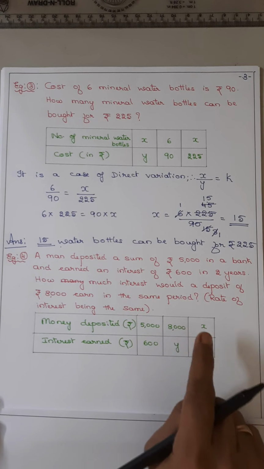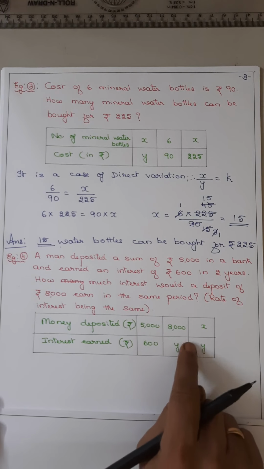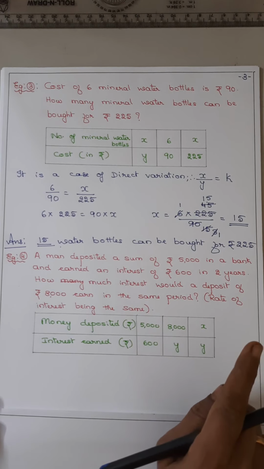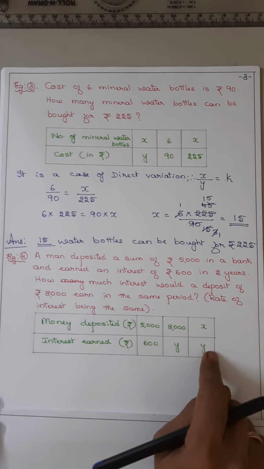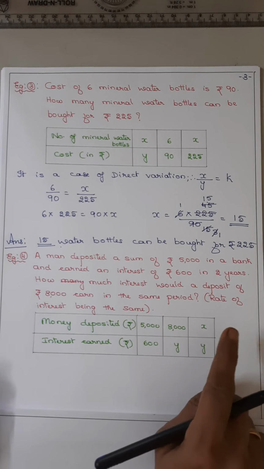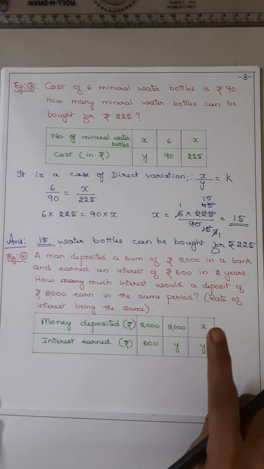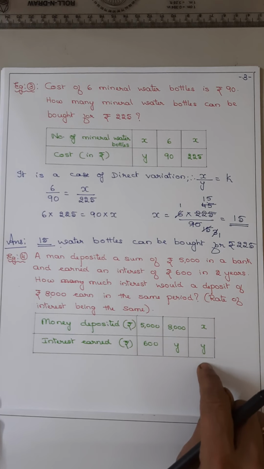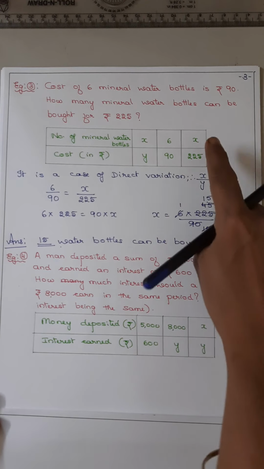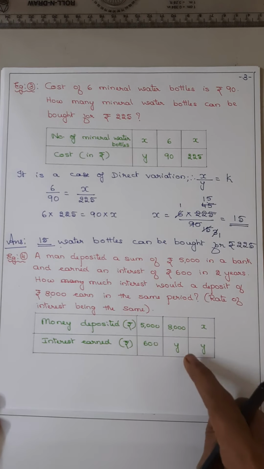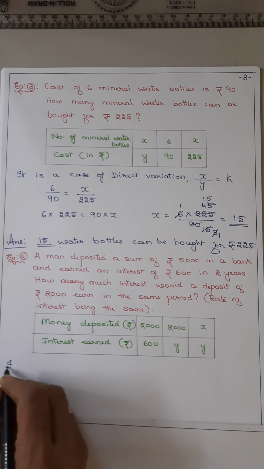Now 8,000 रुपए के लिए कितना इंटरेस्ट? सो नीचे का कॉलम में, सो यू हैव टू पुट y. सो ऊपर का x है, नीचे का y. याद रखो, ऊपर का x है क्वांटिटी, नीचे का क्वांटिटी y, याद रखने का. सो ऊपर का आपको नहीं दिया है तो उधर x डालो जैसे इधर डाले, और नीचे का नहीं है तो इधर y डालो. So again first we will be writing the statement.